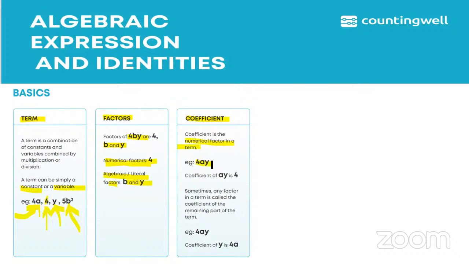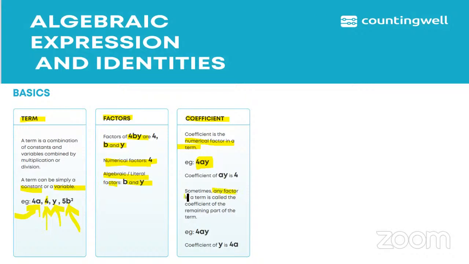First of all, what will be the factors of 4ay? 4ay is an algebraic term and the factors are 4, a and y, out of which 4 is a numerical factor, and a and y are algebraic factors. That's why the coefficient of ay is 4. So how do we define coefficient? The coefficient of the variables ay is 4 in the algebraic term 4ay.